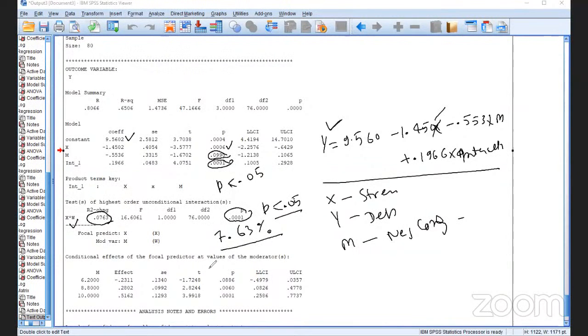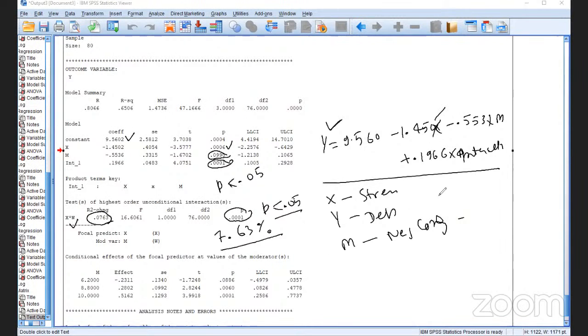Now we see the next table. Here is the conditional effect of the focal predictor at values of the moderator. We want to check the impact of cognitive.